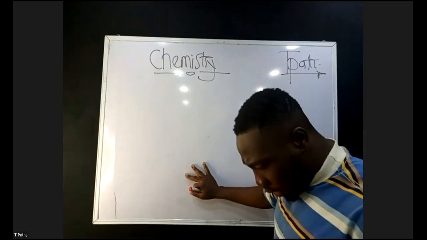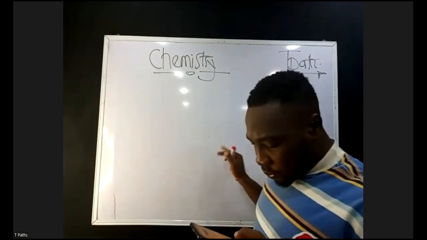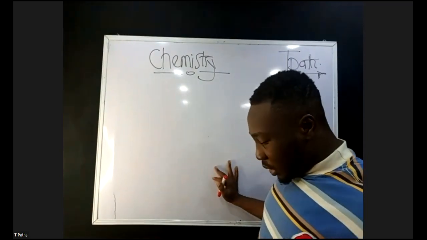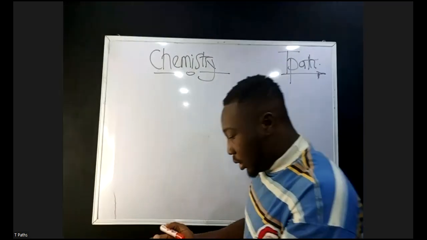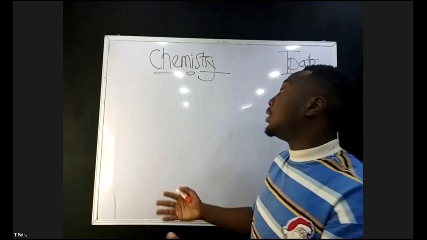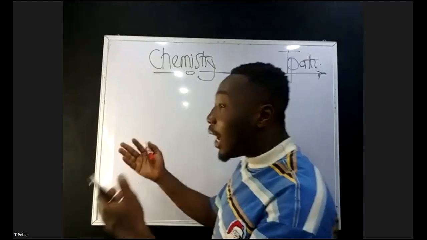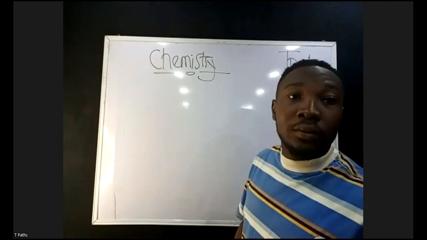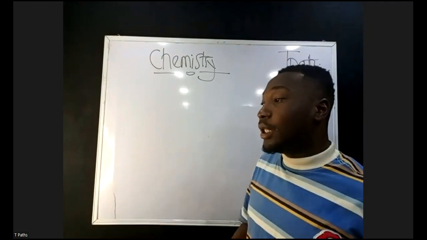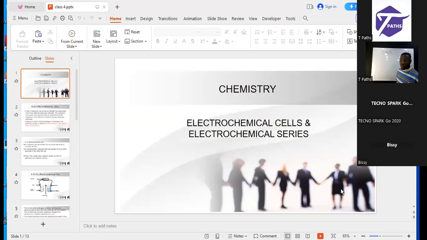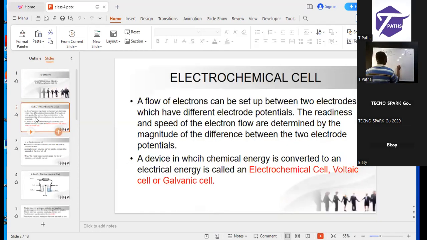Now, on the electrochemical cell, we consider a reaction medium where we have maybe two beakers containing two different electrodes. Let me draw a rough sketch, something like this.